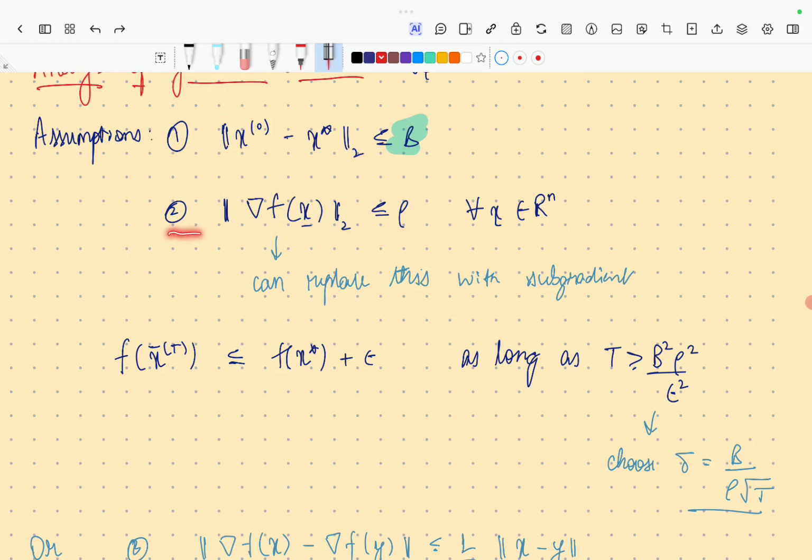But anyway, we'll make these two assumptions: that the norm of the gradient is bounded, and your initial point is b far away from x star. And we'll assume that you know these parameters beforehand, or you at least have an upper bound on these parameters.